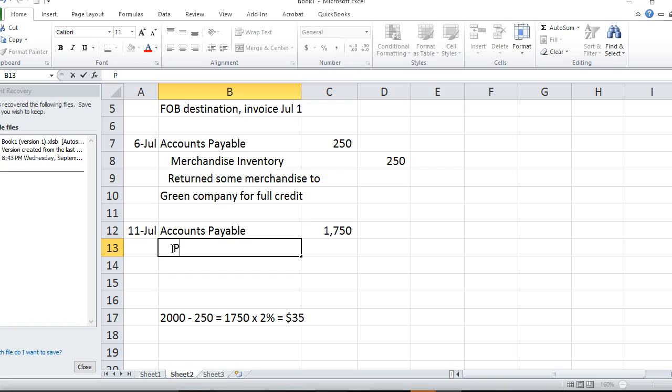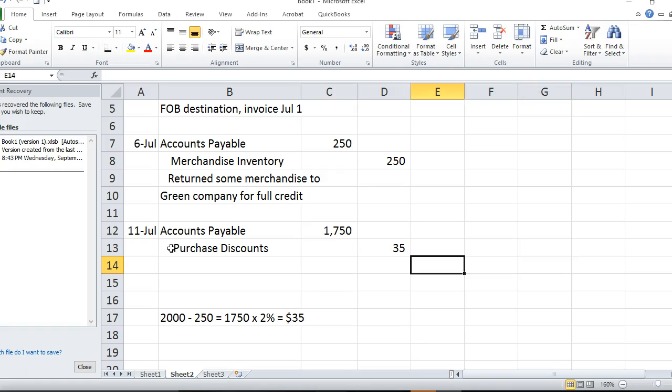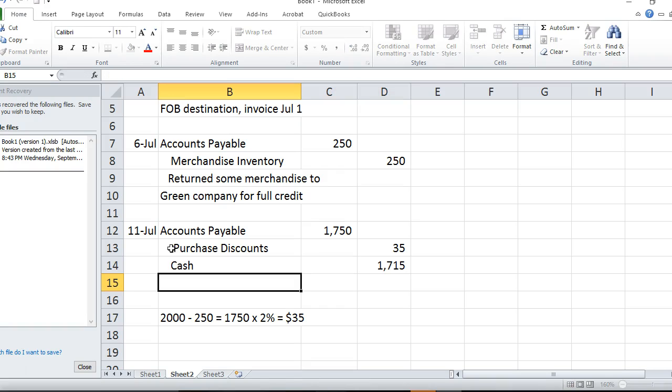We're going to show as a credit purchase discounts of $35, and then we're going to show a credit to cash of $1,715. And we're going to show we paid Green Company for the purchase of the July 2nd, less the return and the discount.